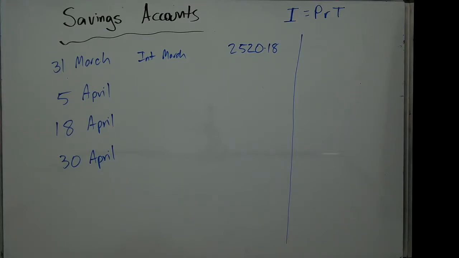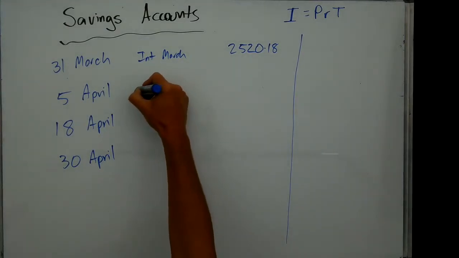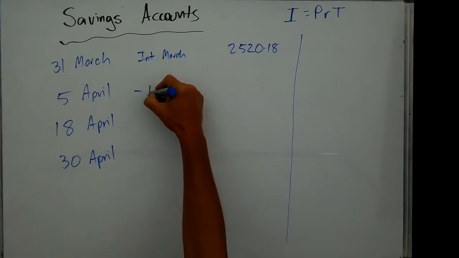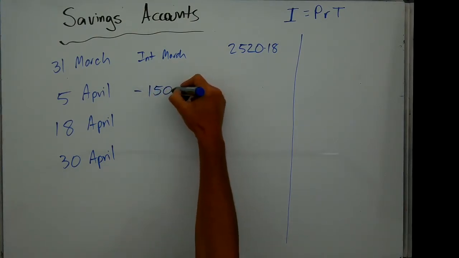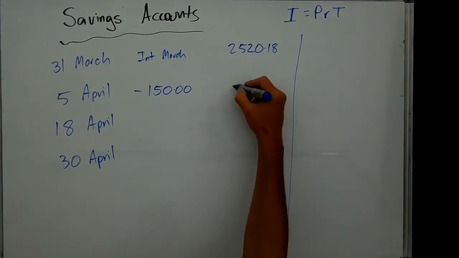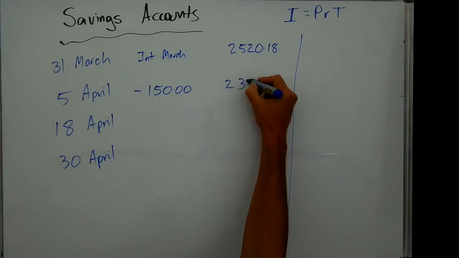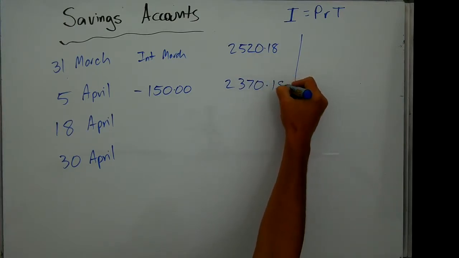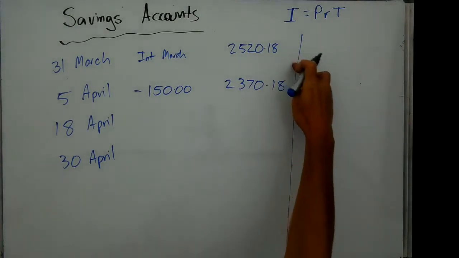Then on the 5th of April, $150 gets taken out. And our new balance is $2,370.18. So here the balance changes.